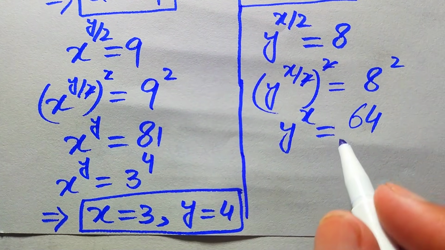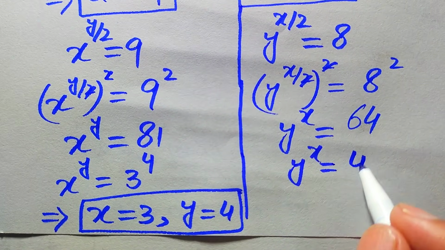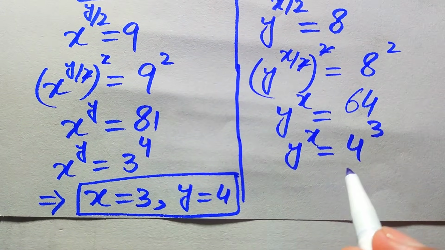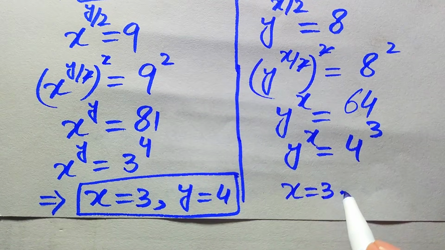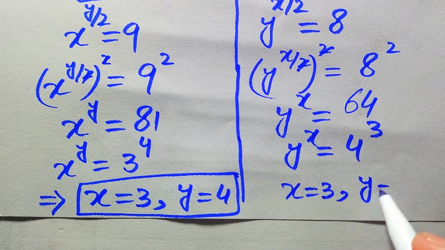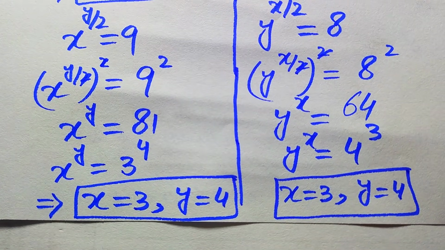And now from this case we have y to the power of x is equal to, we write 64 as 4 cubed, and now we again compare base and exponent, and when we compare the exponents we get x is equal to 3, and when we compare the bases we get y is equal to 4. So in both of these two cases we get the same values of x and y.